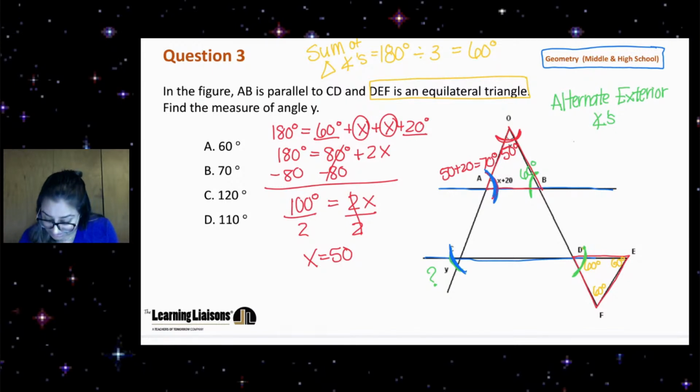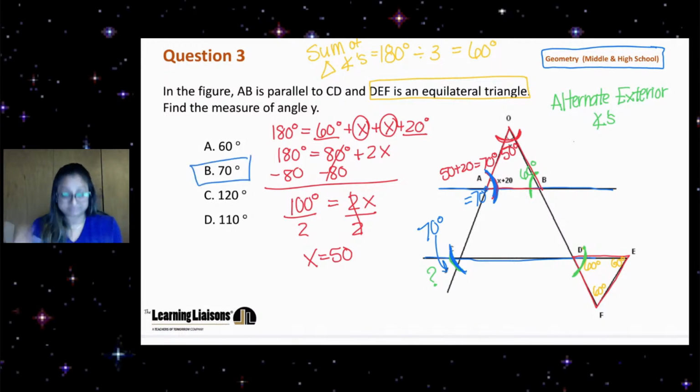So if this angle is equal to 70 degrees, then the lovely y is also equal to 70 degrees. All right, so it's using as much as you can from outside knowledge and the little bit that they give you in order to work your way through this problem.